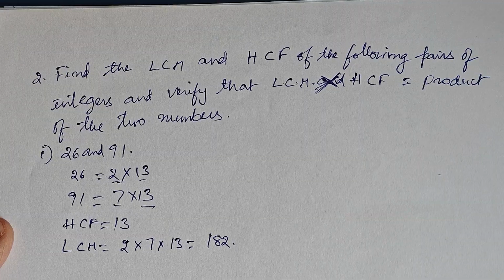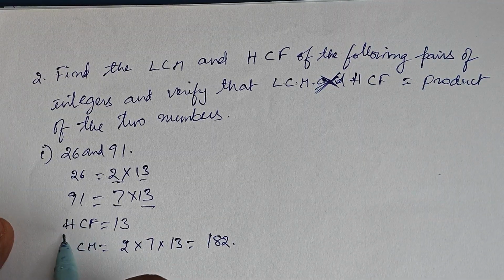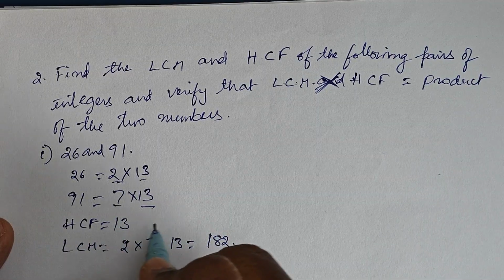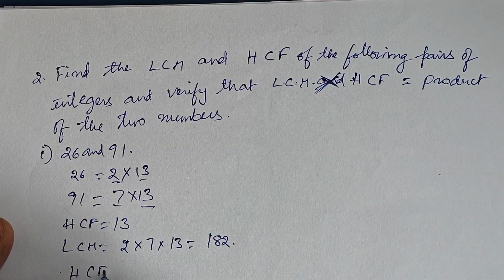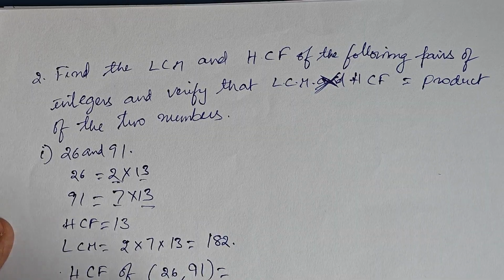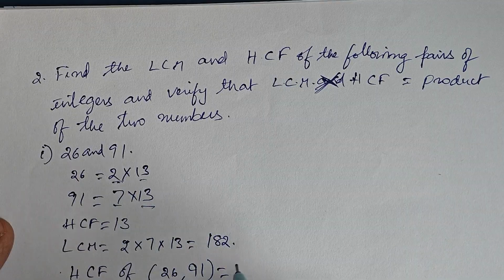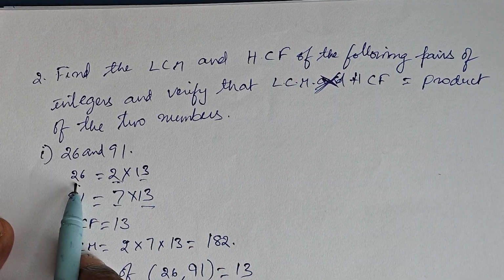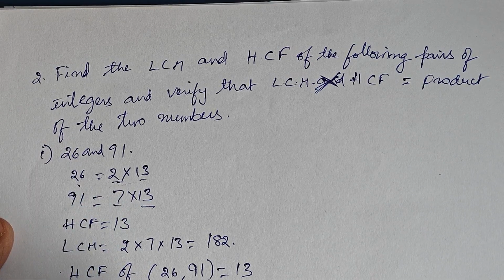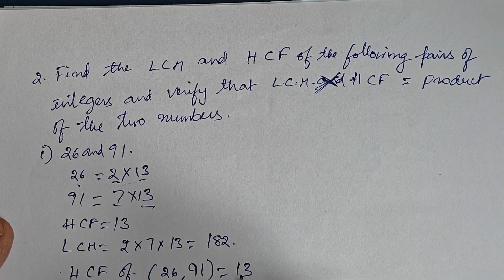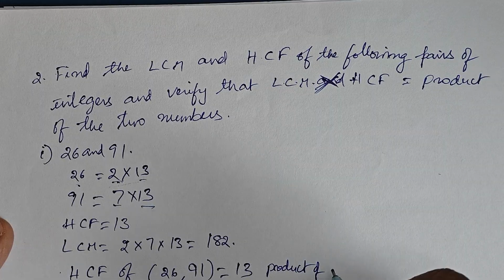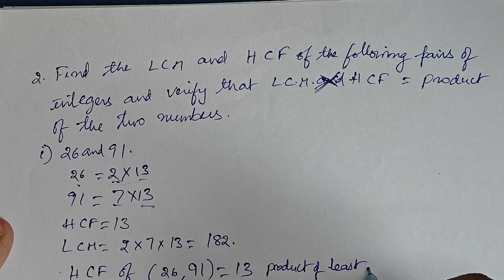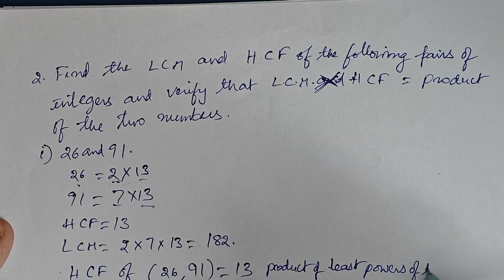Now what are they asking? Remember, while writing, you must write the HCF step by step. HCF of 26, 91 is equal to, based on our calculation, we found 13. And we have to write the statement saying that HCF of 26, 91 is equal to the product of the least powers of the common prime factors.